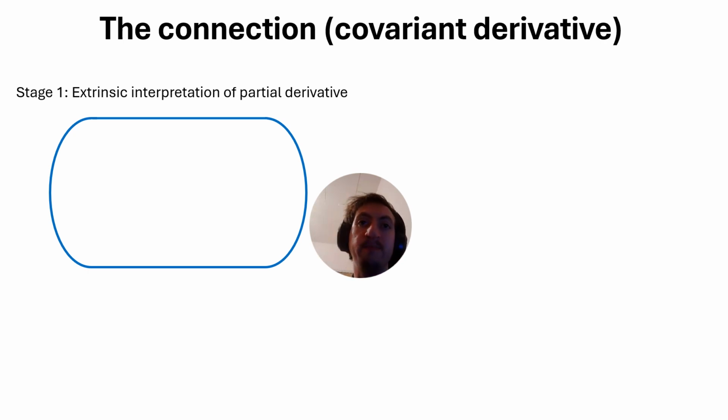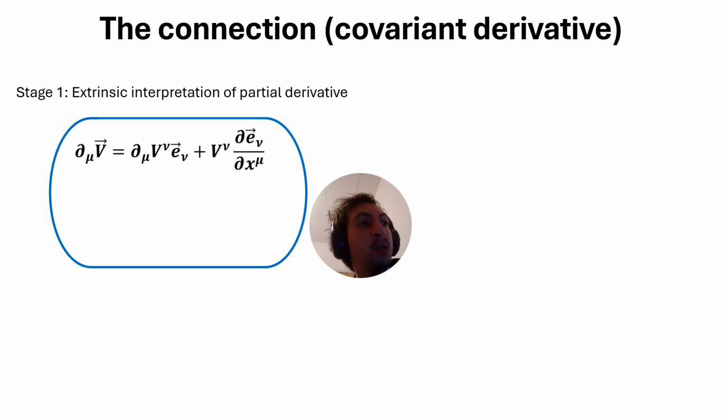But we're going to start with the partial derivatives of a vector field and then relate that to the connection coefficients. And when we begin, we'll see where the extrinsic, intuitive way to think about the covariant derivative comes out. So firstly, we're looking at finding the derivative of a vector field V, or if you like, the gradient, in the mu direction.